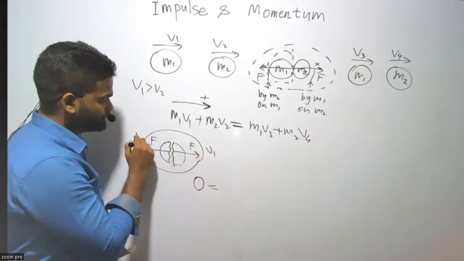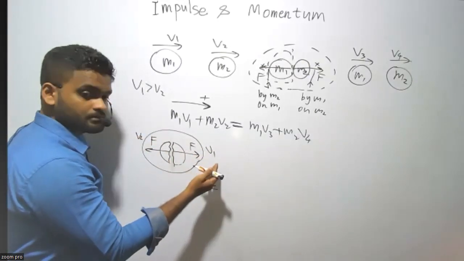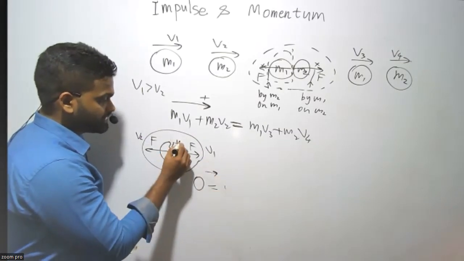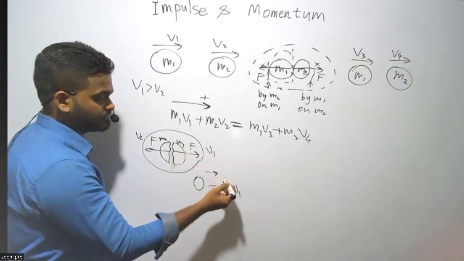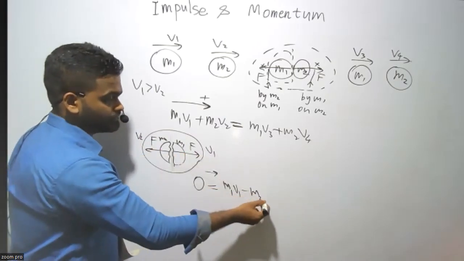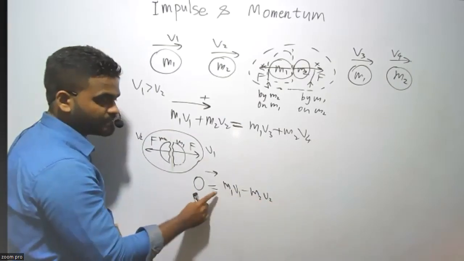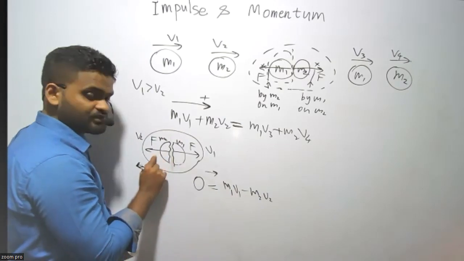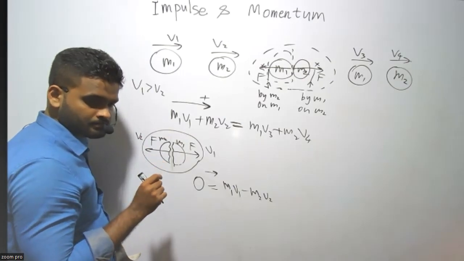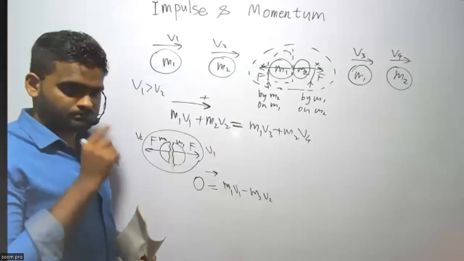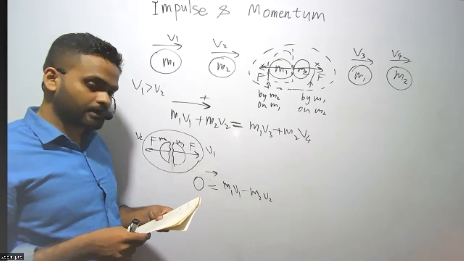Let's say they start moving to opposite sides at v1 and v2. Then after explosion, what is the momentum? Let's say this is m1, this is m2. m1 v1 to this side, but m2 v2 to the opposite side. So before momentum is 0, after also momentum should be 0. That's why I put an equal sign there, because action reaction forces are equal and opposite in direction. So for explosions as well, you can apply the momentum conservation law, right?